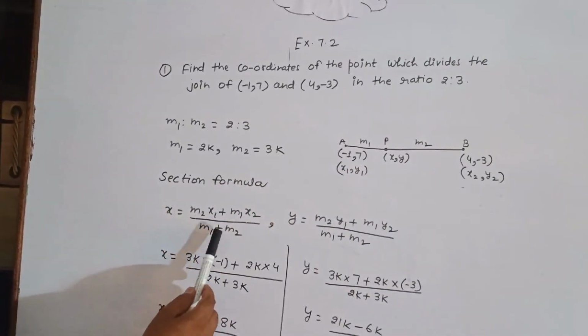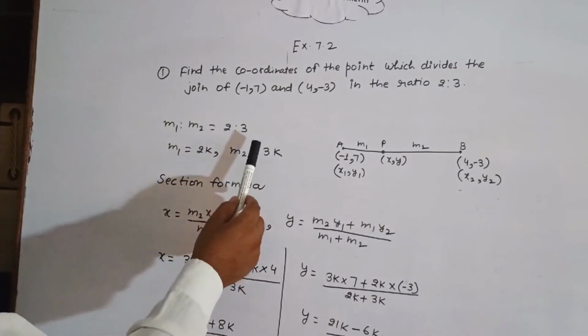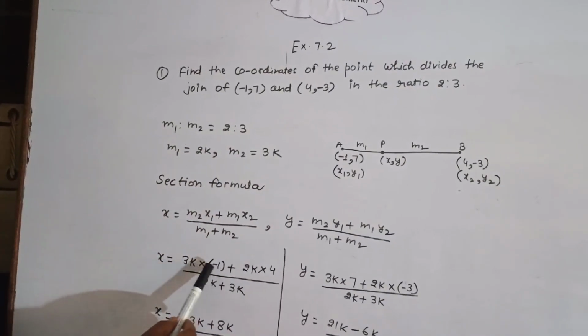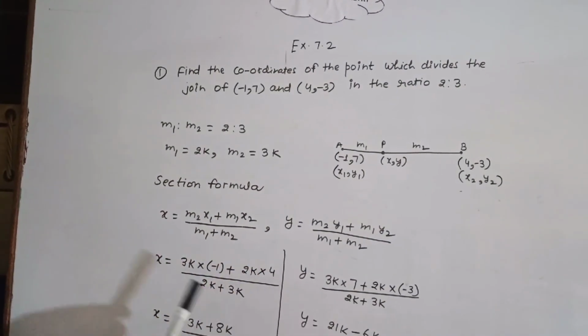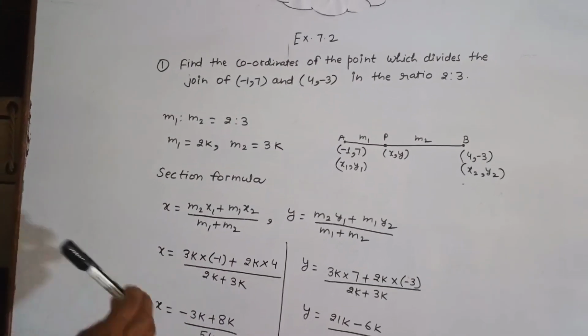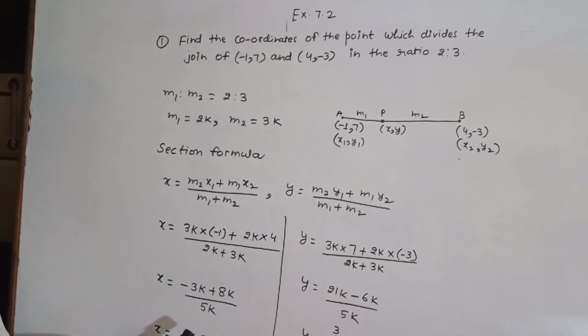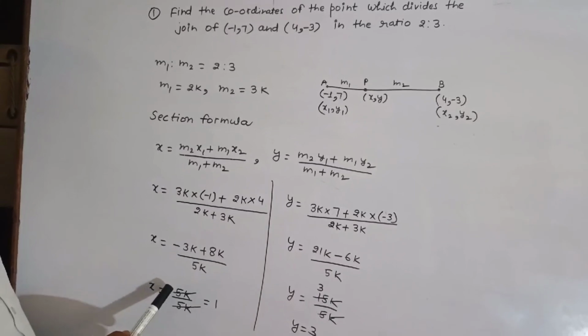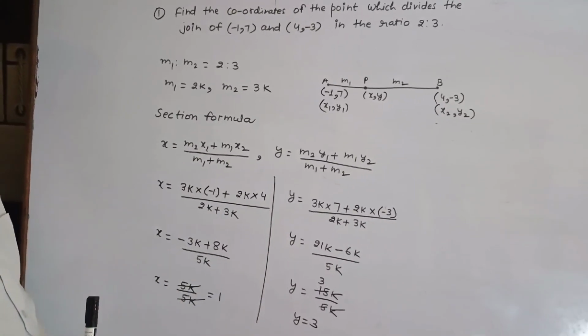In the denominator m1 plus m2, this will be 2k plus 3k. Now this will be minus 3k, this will be 8k, over 3 plus 2, 5k. 8k minus 3k, this will be 5k upon 5k, 5k cancels out, we will get here 1.